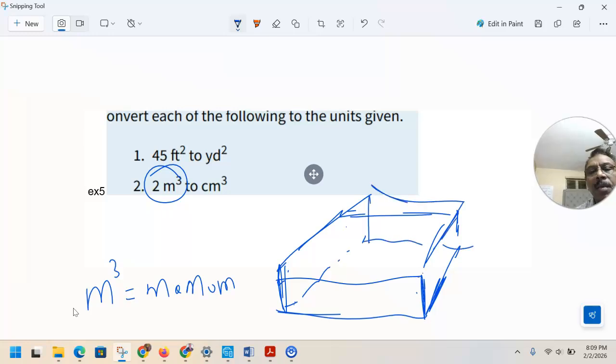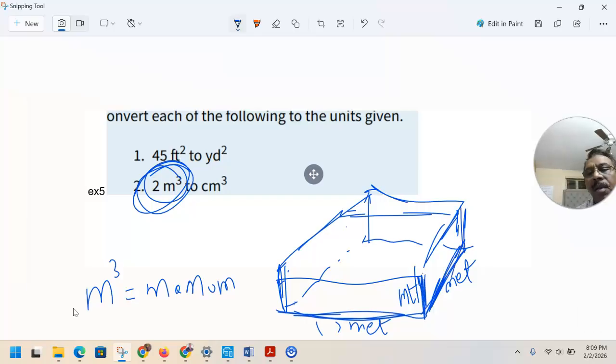Okay, so this will be the volume. This is in meters, this is in meters, and this is in meters, the height. So there are three parts: meter, meter, meter. And that's why you see this 2 meter cube. We don't know the dimensions, how much is the length or width, or all these pieces. But they want to change to centimeter cube.